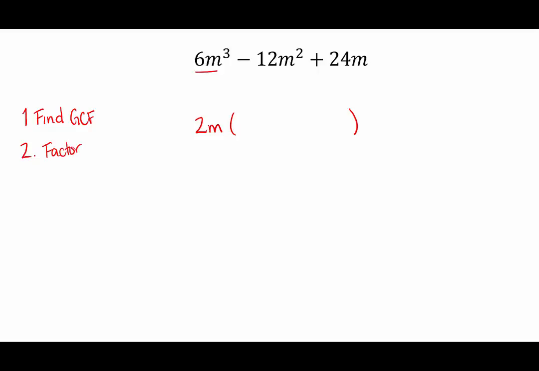So I'm going to divide out 2m from each term. And when I do that, 6m cubed divided by 2m would leave me with 3m squared. Negative 12m squared divided by 2m is negative 6m. And 24m divided by 2m is 12. And then my third step is check twice.